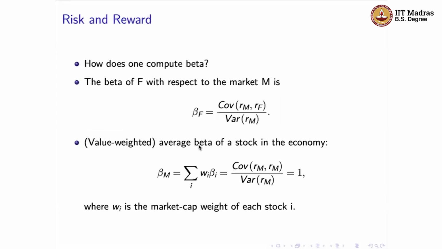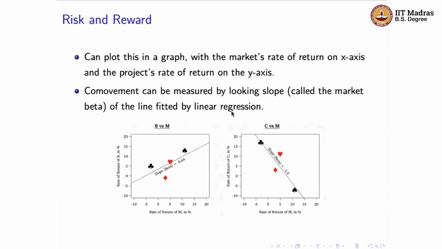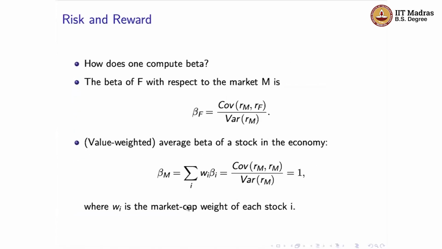If you recall your results from the regression analysis, the beta of F with respect to the market M is going to be the covariance of the variables, R_M and, let's say the asset was F, so R_F, divided by the variance of R_M. Now, we are going to see an alternative derivation of this later on this week, which does not rely on the regression analysis, but you can also take this to be the definition.